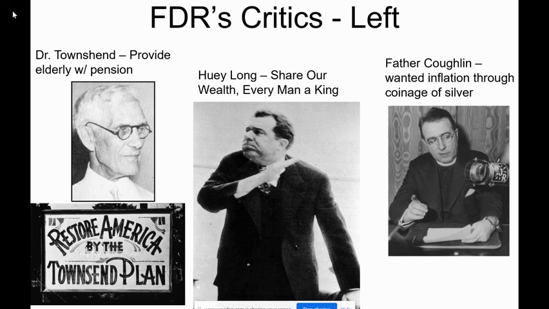And so what we're going to see from all three of these people is that FDR will, in some way, shape, or form, adopt parts of their plan or all of their plan to steal their thunder from them. And this is certainly what he does to Dr. Townsend, which, hey, look, as long as old people get their pension, that's probably a good thing. But that's what we're going to see with pensions.